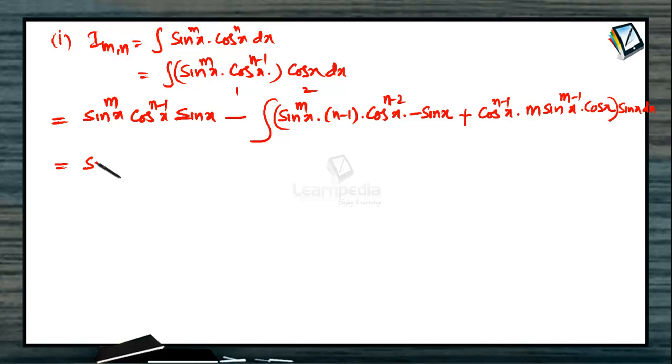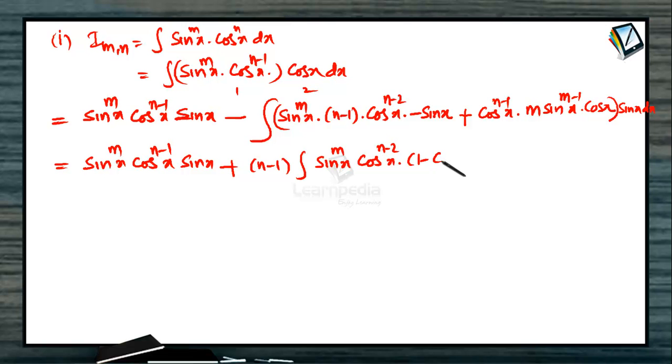Thereby this becomes sin^m x into cos^(n-1) x into sin x, minus here (n-1) and here m. So if I take this sin x into sin x, sin square x, and that sin square is written as 1 minus cos square, it becomes plus (n-1) times sin^m x cos^(n-2) x into (1 minus cos square x) dx, separated.